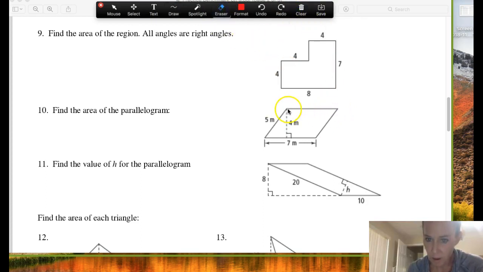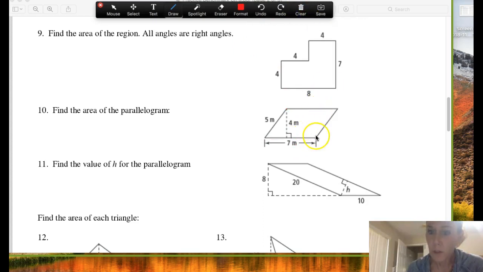This is the tricky part. From here, I can draw a straight line perpendicular to this imaginary base or to this base. Those would be heights if this was a base, okay?